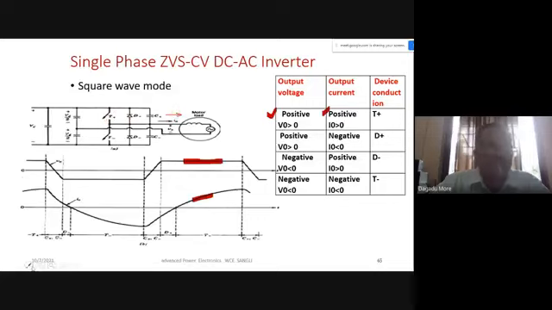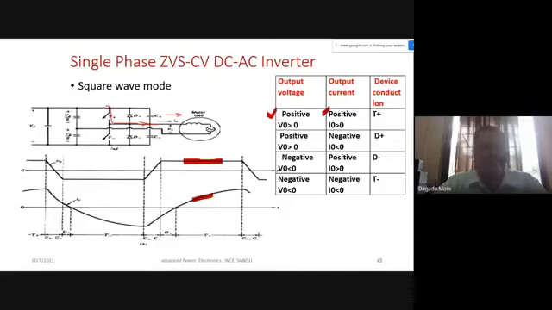So here it is obvious that our T plus device has to conduct. So we can say this T plus device will conduct like this, and we will get the output voltage as positive voltage and our current as positive current.